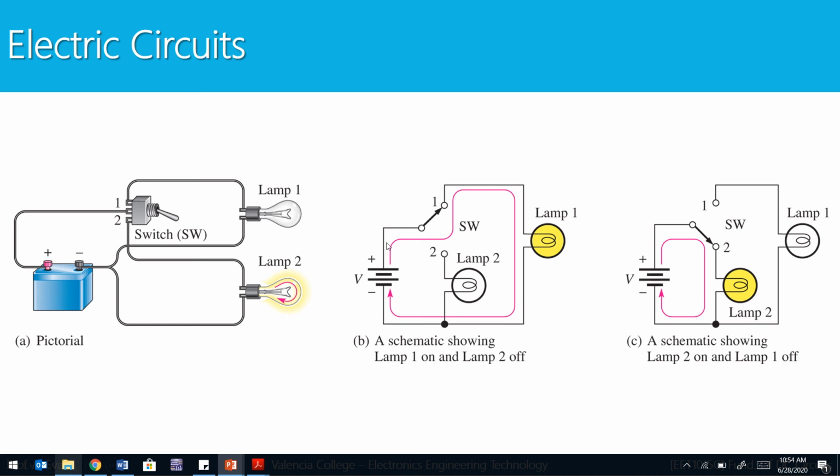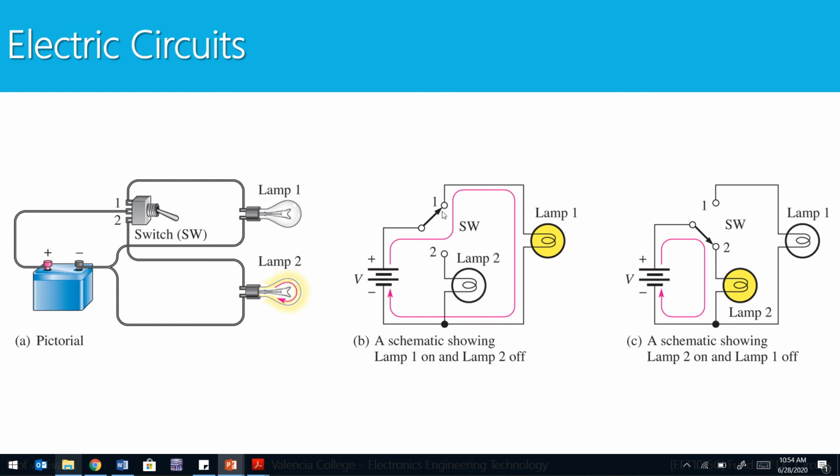Current will leave the voltage source. It will follow switch 1 around to lamp 1 and back around. Notice that lamp 2 never turns on because there's an open circuit right here. Current cannot flow through lamp number 2 because it's not connected to the path of current.